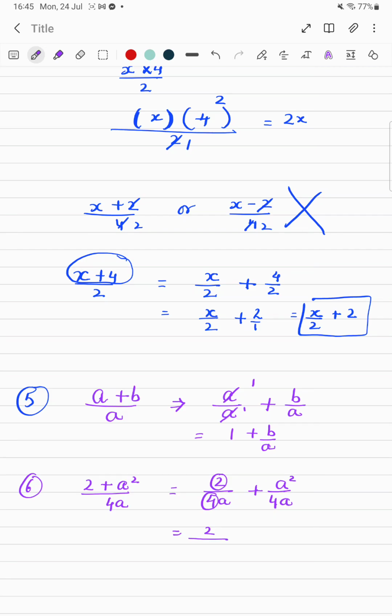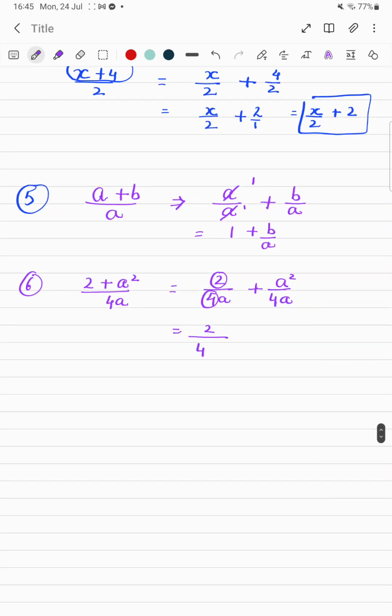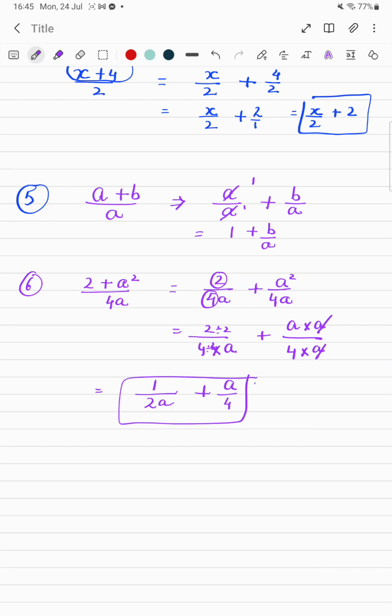So this is basically 2 over 4 times a, plus a square, which can be written as a times a over 4 times a. Now 2 and 4 have a highest common factor of 2, so we can divide both numerator and denominator by 2. So it will be 1 over 2 times a, plus a, and a will be cancelled, so it will be a over 4. So this will be considered as a final answer.